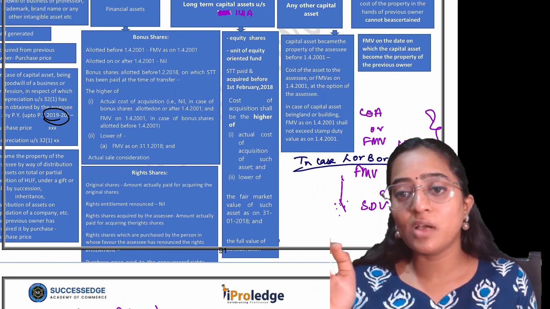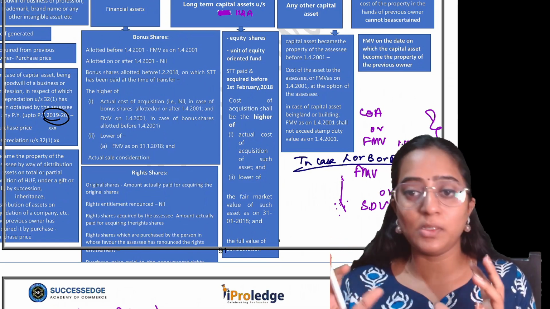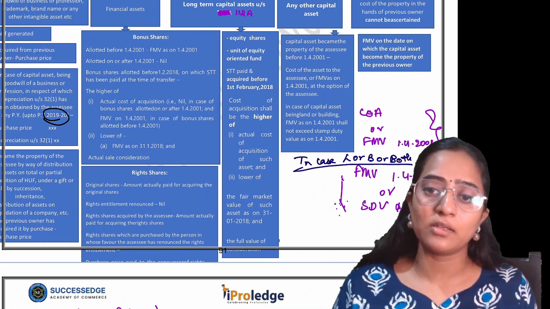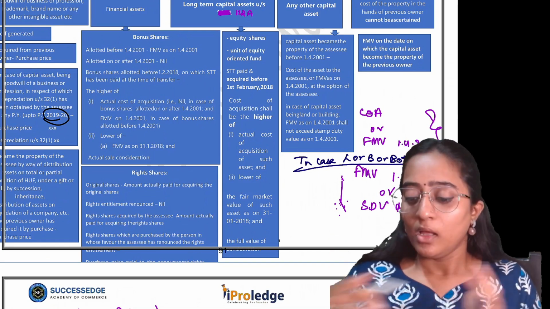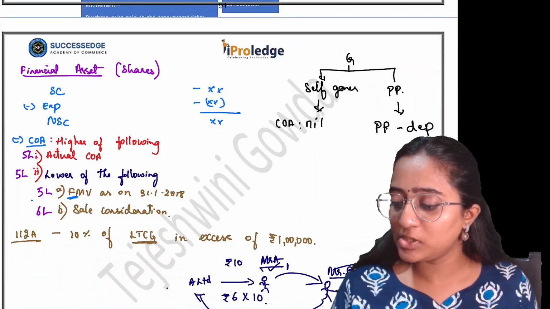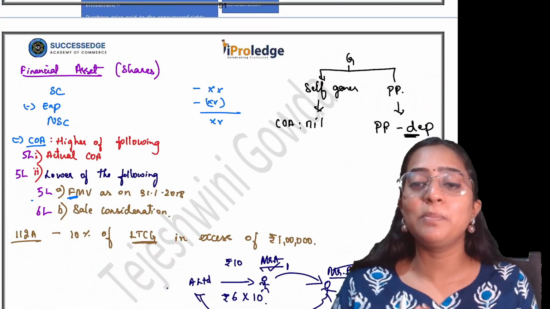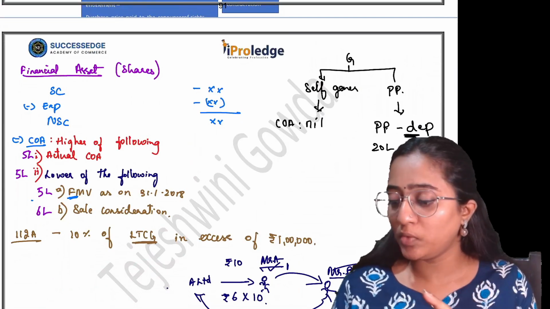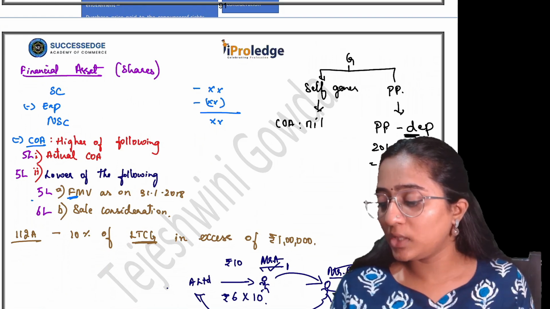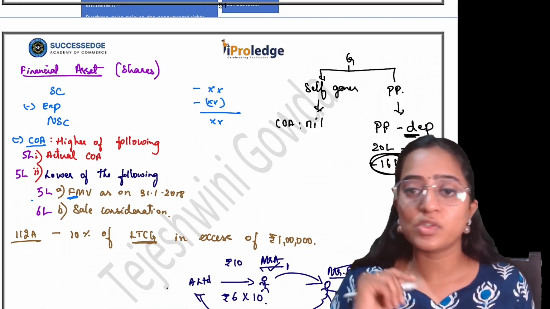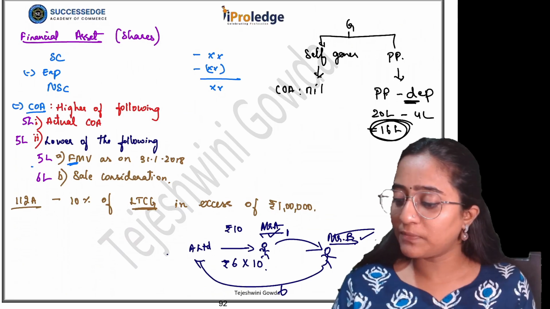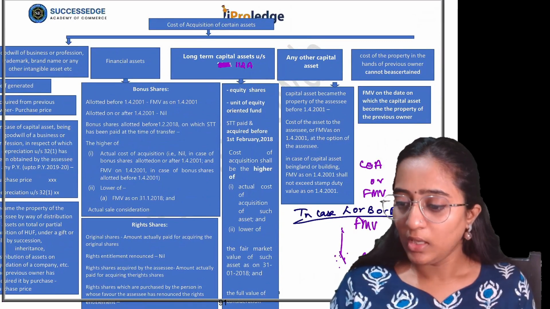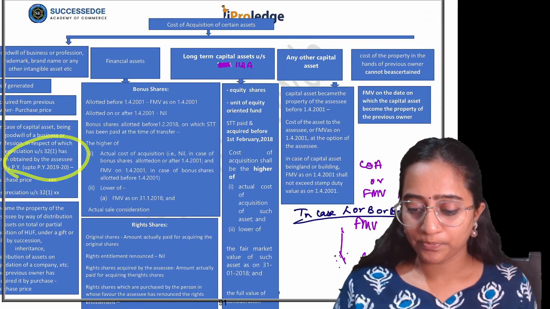After 1/4/2020, on or after that, you have stopped charging depreciation. That is because of the amendment in your Act that depreciation needs to be stopped for goodwill. Suppose purchase price was 20 lakh and depreciation charged up to 19-20 was 4 lakh. 16 lakh would be considered as your cost of acquisition, after giving the depreciation. Clear? Done?